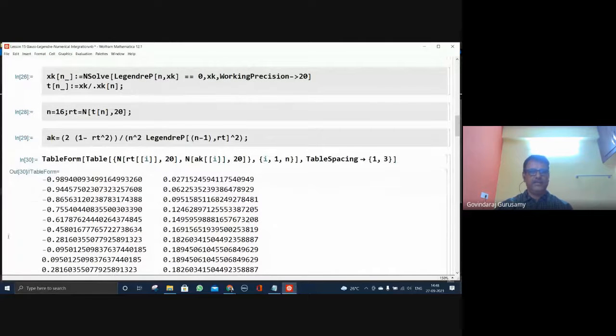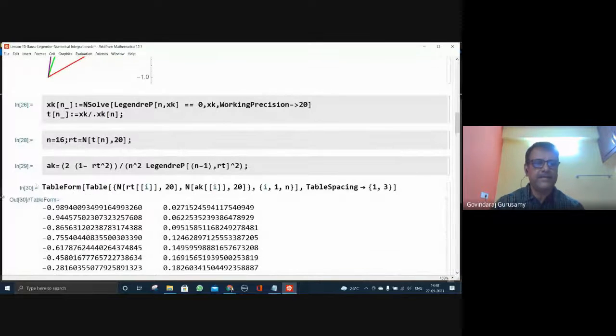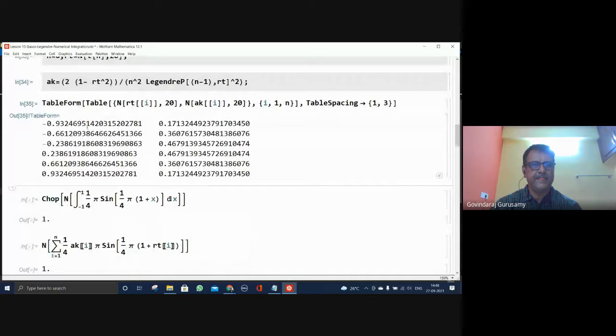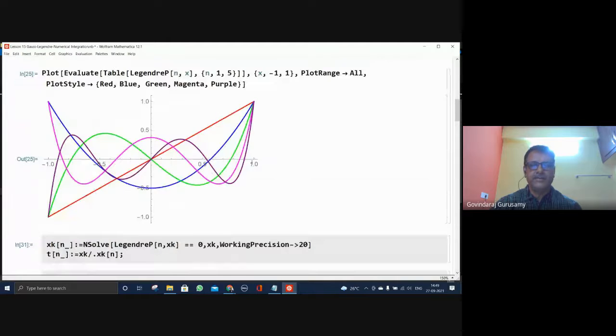If you want, you can change the number n. So if I change the number n, let me start from 6 somewhere. Up to the 6th order polynomial will be considered. You can see there are 6 roots and the corresponding AK has been found.